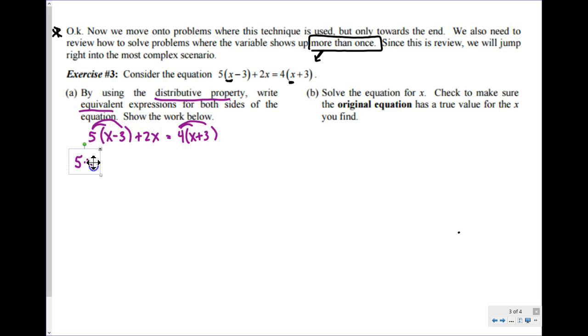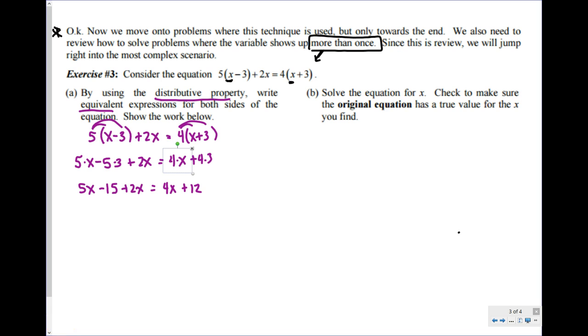This becomes 5 times x minus 5 times 3, and carry down the plus 2x, and this becomes 4 times x plus 4 times 3. So simplifying it, I get 5x minus 15 plus 2x equals 4x plus 12.